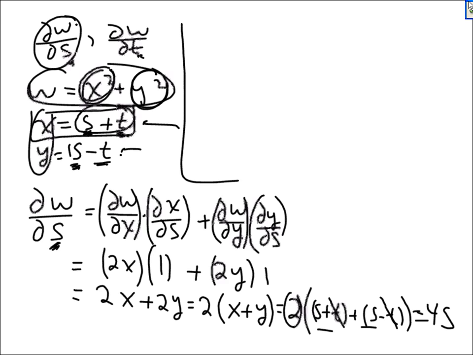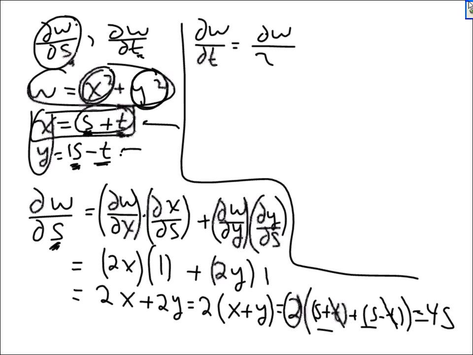Now let's find it again with respect to t. So partial w with respect to t is partial w with respect to x times the partial of x with respect to t, plus partial w with respect to y times partial y with respect to t.